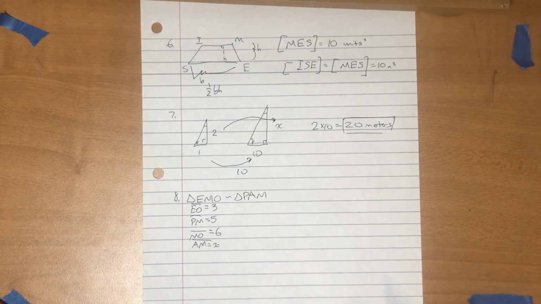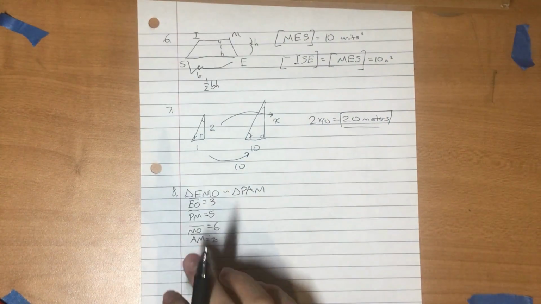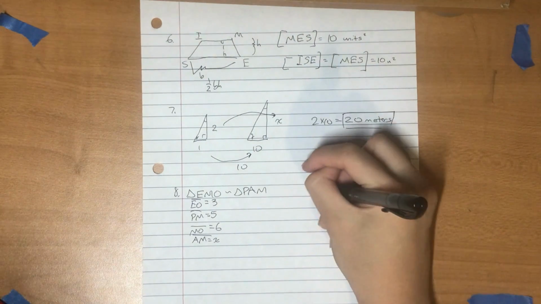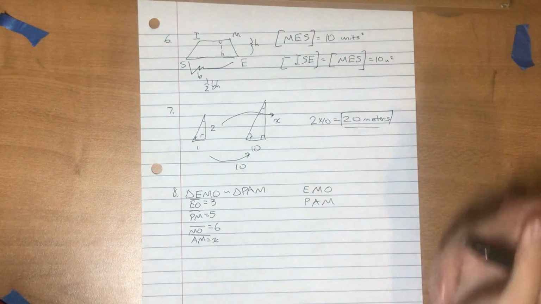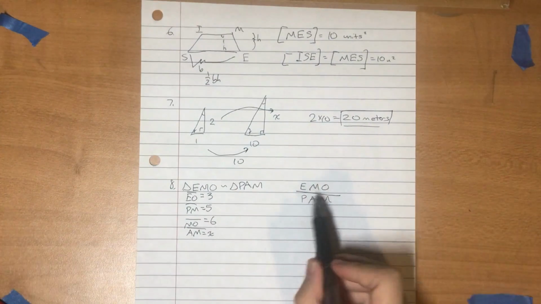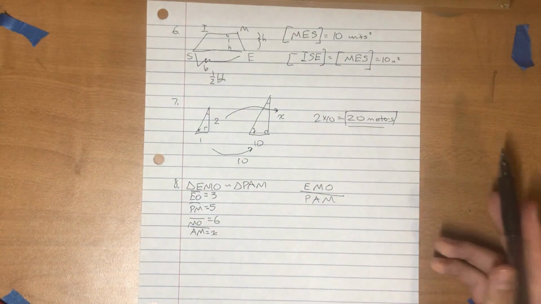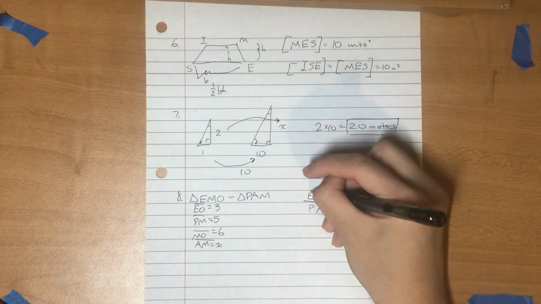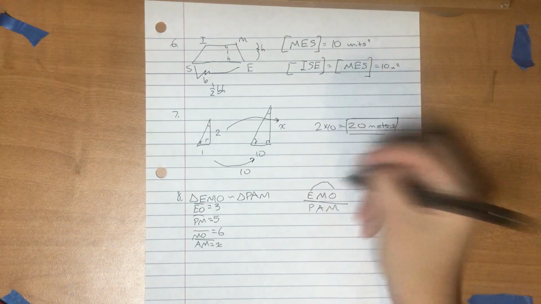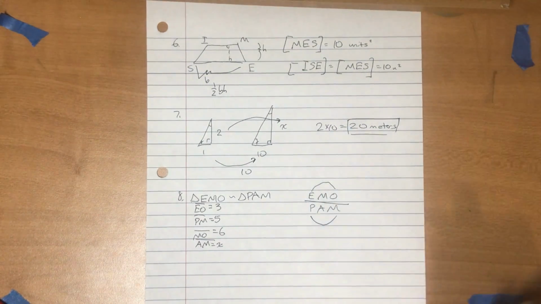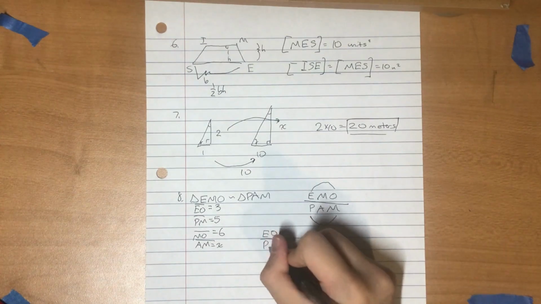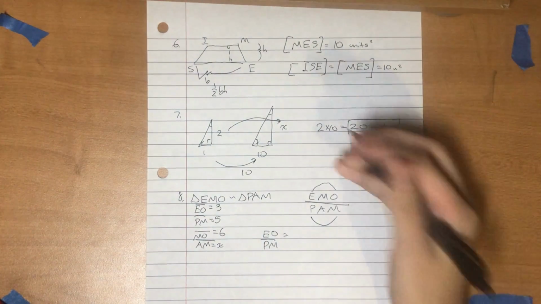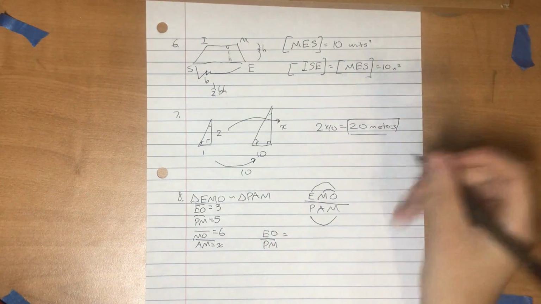With these types of questions, I like just writing it out like this: EMO, PAM. So I'll do EMO over PAM, the side lengths of EMO over the side lengths of PAM. EO correlates to PM, so EO over PM equals MO over AM.